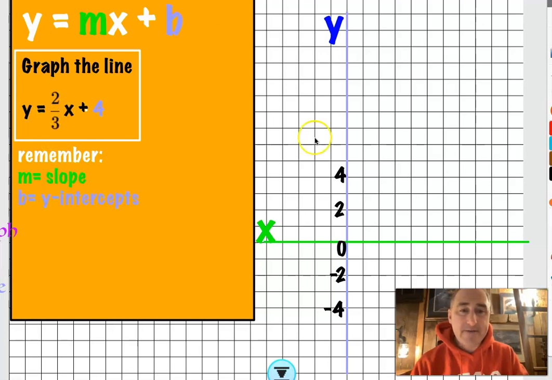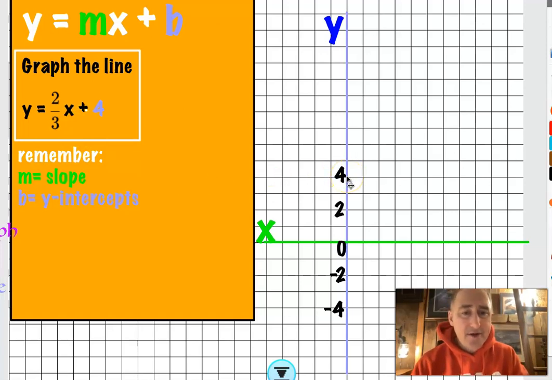Notice that it's positive, so this line is going to go uphill from left to right. But the first thing I'm going to do is put a dot on the y-intercept. So I look over here and my b is 4. So I'm going to put a dot right here at 4.